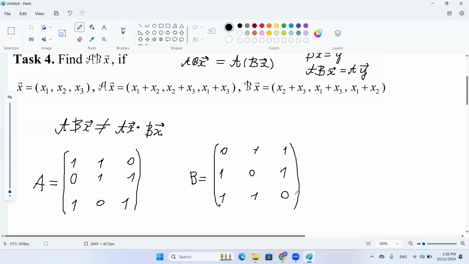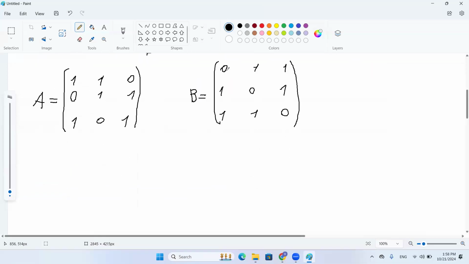And then we need to find ABx. How to find it? Actually, we need to multiply matrix A by matrix B, and then by matrix X. So it will look like this. Yeah, here it is similar to the product. If we want to find the product of the operators, we must multiply their matrices.